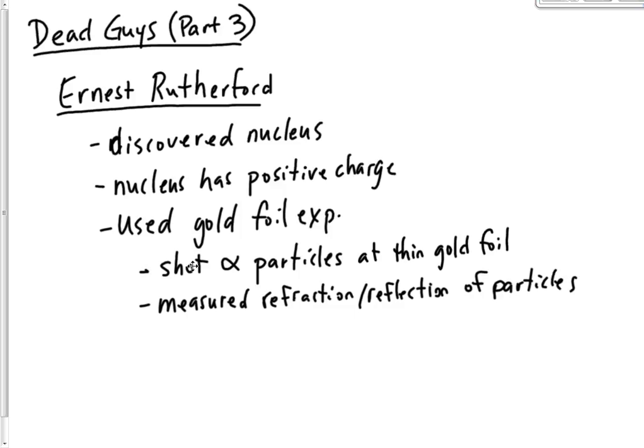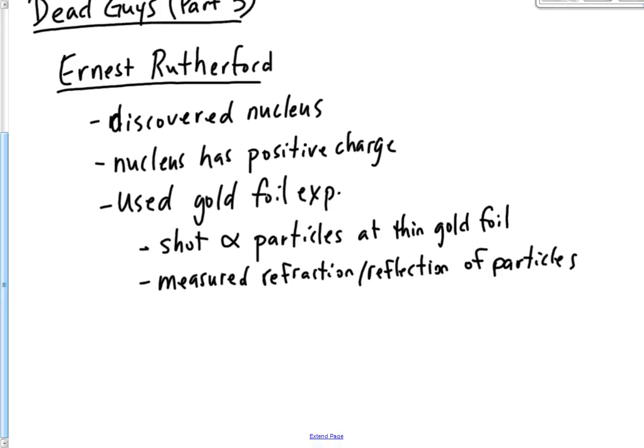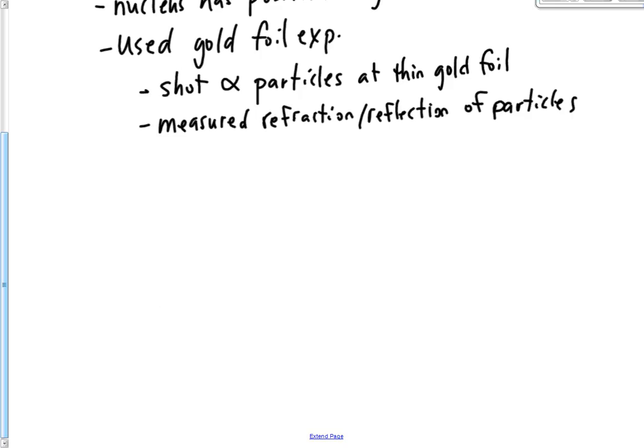All right. So basically what this looked like, and again, you can Google this and get something that's animated and nice and colorful and pretty. But basically he had a box. And from that box it's essentially an alpha particle gun. We just shot alpha particles out of it.